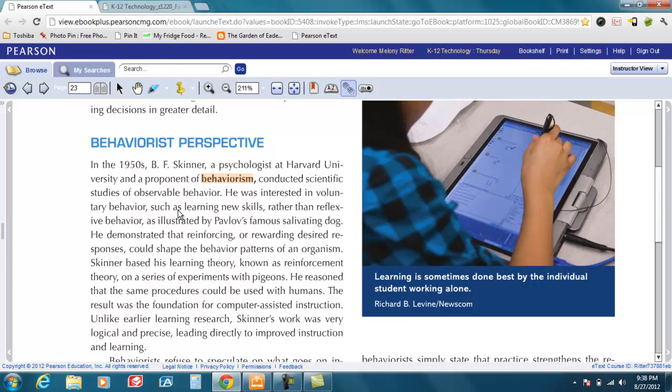The next perspective would be cognitivist. Cognitivism is based on the work of a Swiss psychologist, Piaget, and he explores the mental processes of individuals in responding to their environment.